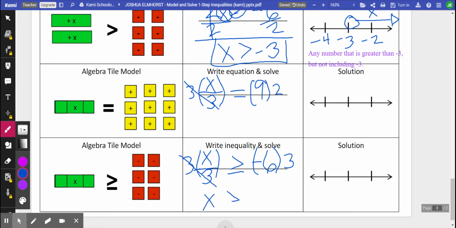So x is equal to 9 times 2 is 18. And 6 times 3 is 18. And the negative times a positive will leave us a negative.